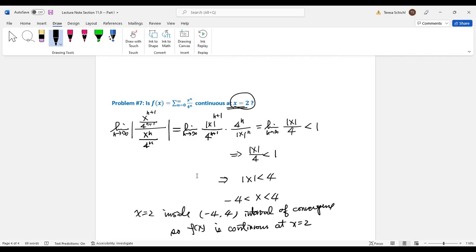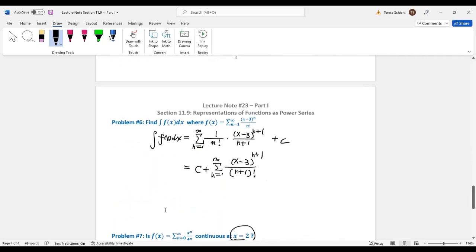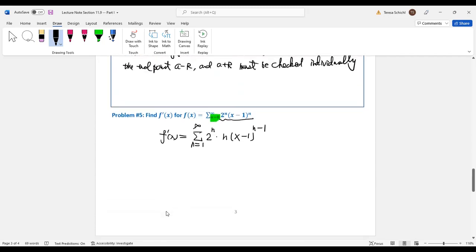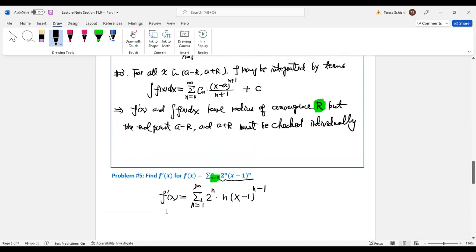Okay. All right, so this video is a very short video. We talked about how to take the derivative and how to take the integration. The only thing we need to be careful about is that when you take the derivative, where your n starts needs special attention. Because I dropped off the n here, you need to start at 1.